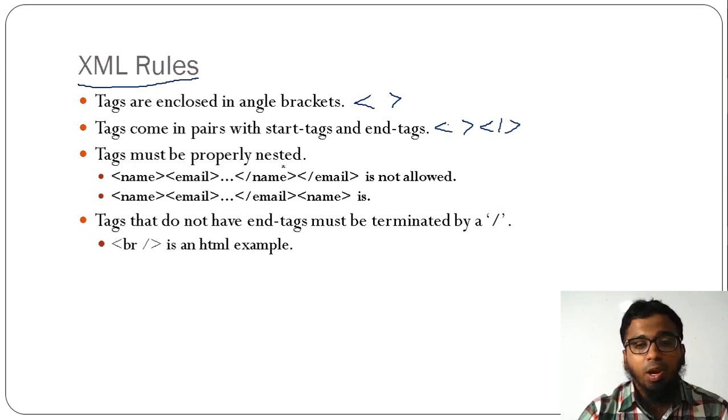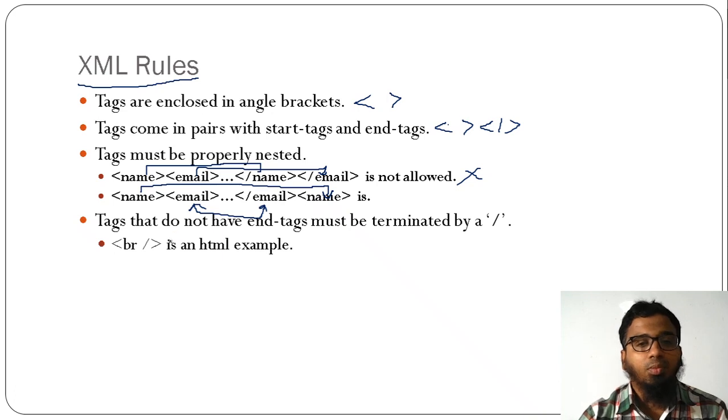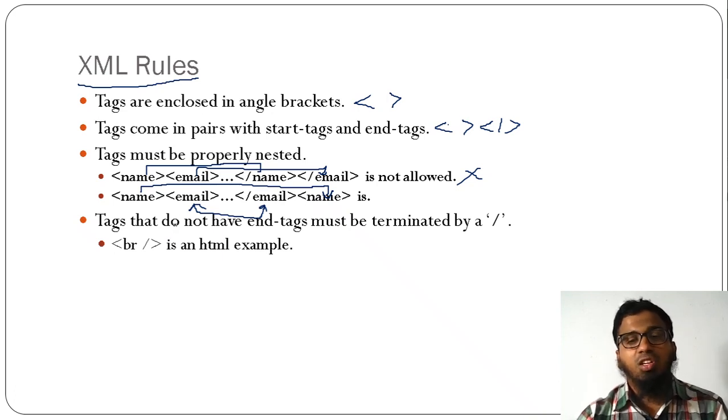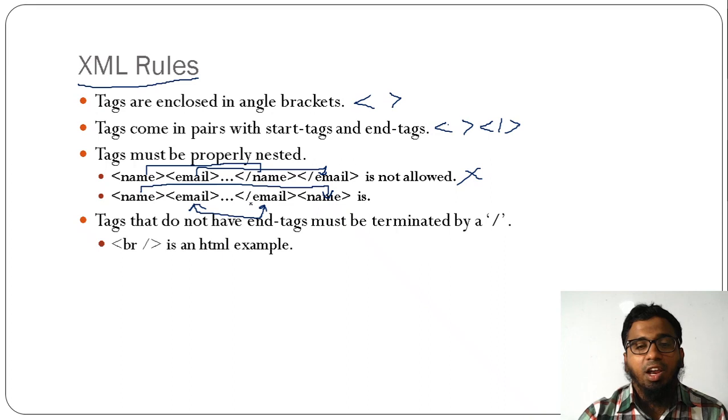Tags must be properly nested. When this name is there, here and here, can you see it is overlapping? So this will not be allowed. That should be like if you are opening name here, you should close name here. In between, whatever the tags are, they should be closed properly. Okay, so this is properly nested.